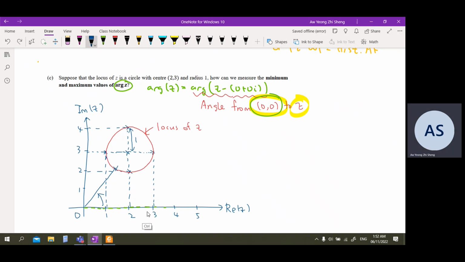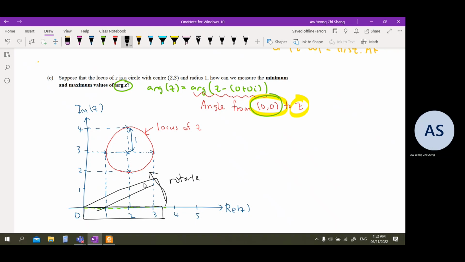So out of so many different possible values of argument z that I can get, what is the minimum? What is the minimum angle that I can possibly get? In other words, you have to imagine that you place your ruler like this, and you start to rotate your ruler about the origin, because you are trying to measure the angle starting from the origin.